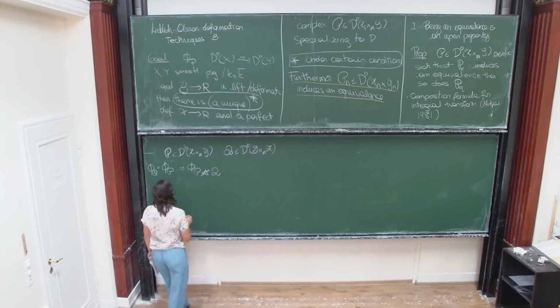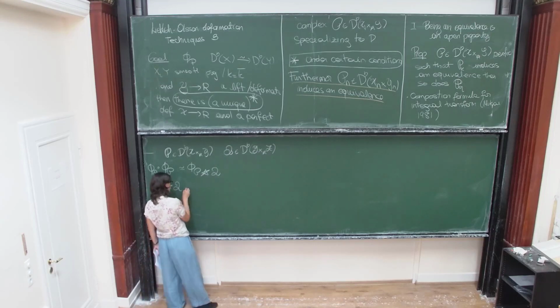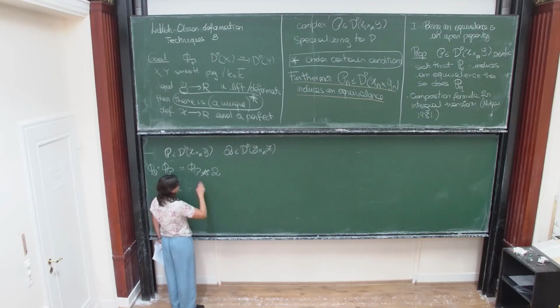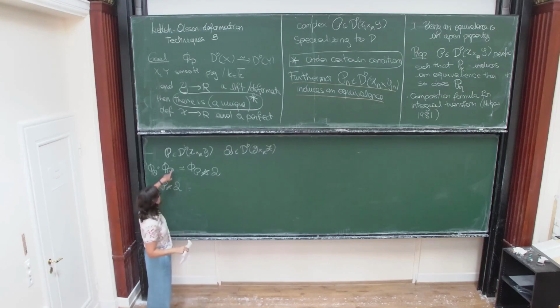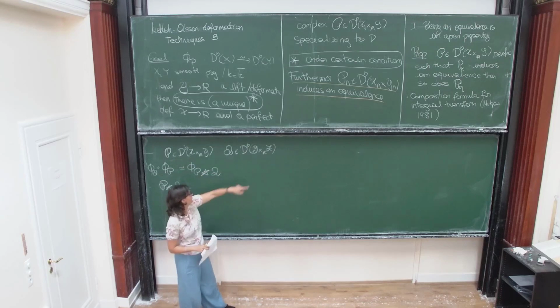where P star Q is, okay, we start from something in XY and something in YZ, and we want to get something in XZ.